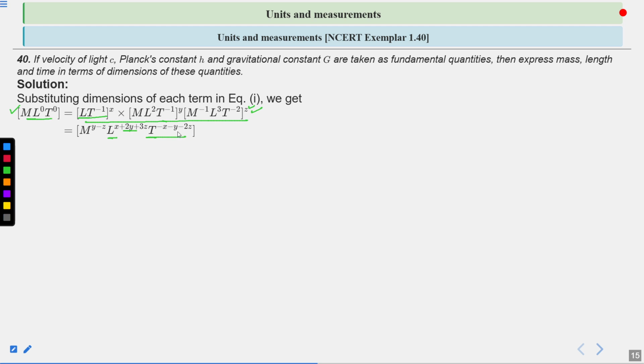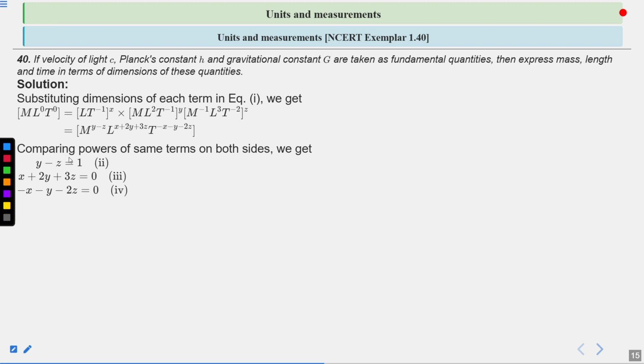Now we compare LHS and RHS, comparing powers of the same terms on both sides. The power of M is 1 on the LHS and y minus z on the RHS, so y minus z is equal to 1.